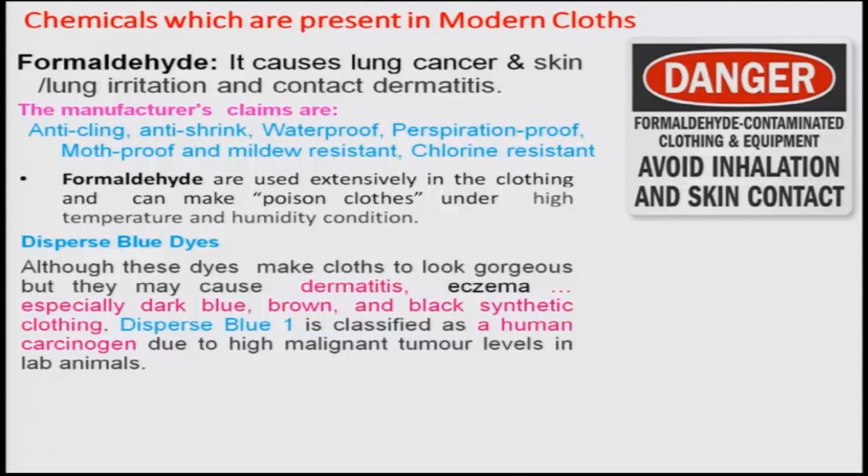And the disperse blue one is classified as a human carcinogen due to high malignant tumor levels in lab animals. People have conducted experiments in western countries, particularly, what I remember, a dog was subjected to this kind of thing, and they found that it is affecting the dog, and the dog being a mammal, the human being, also being a mammal, will be affected.